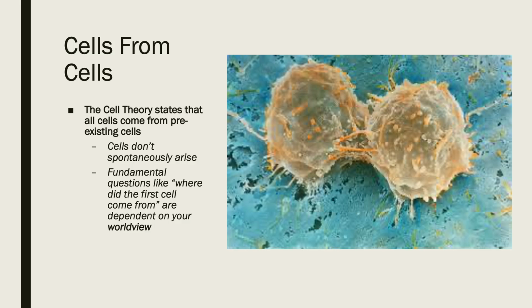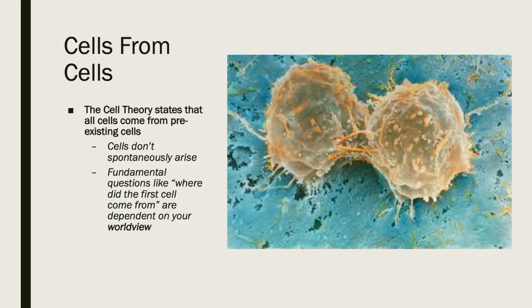There's something called the cell theory, and there are various components to the cell theory, but by and large, all scientists will adhere to this cell theory. So make sure you are able to recognize these components of the cell theory. It states that all cells come from pre-existing cells and that the cell is the smallest unit of life.